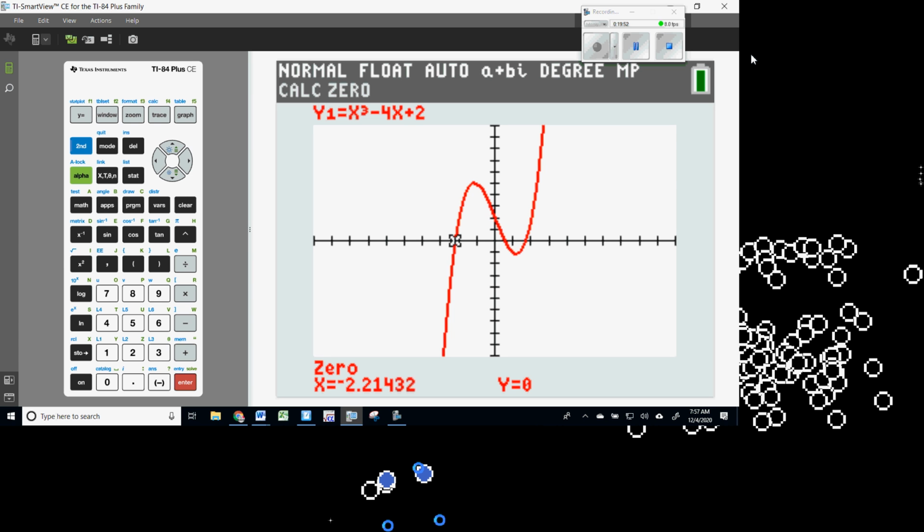Now it's going to ask for the left. It's going to ask for the right. Go back as close as you can, and you go right up. Yes, and move back close.